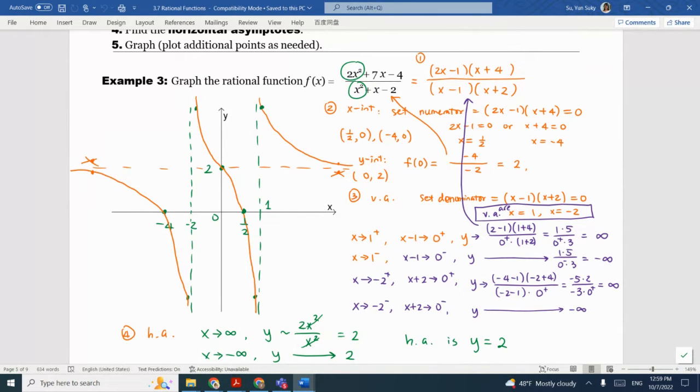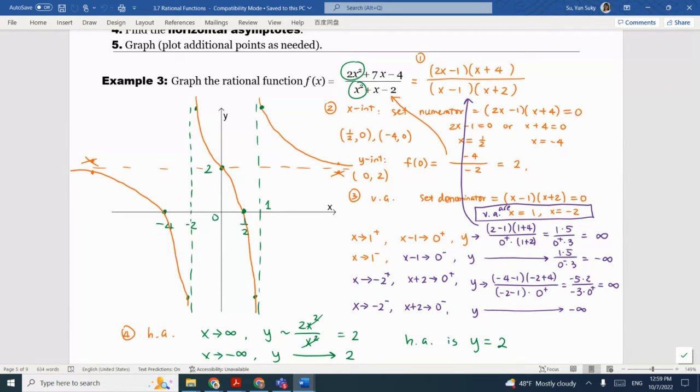So you can plot the small points over there, okay? And for the horizontal asymptote, we don't know whether the function is approaching it from the top or the bottom. That's why you put 2 points near it. And then finally, you start near the origin and you connect all the points together.